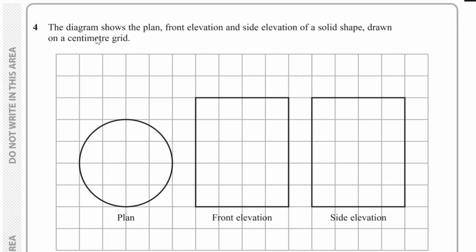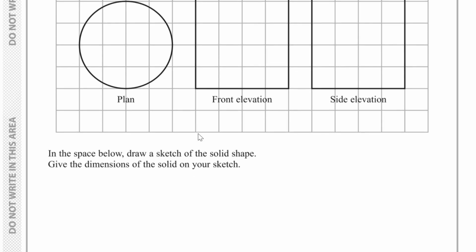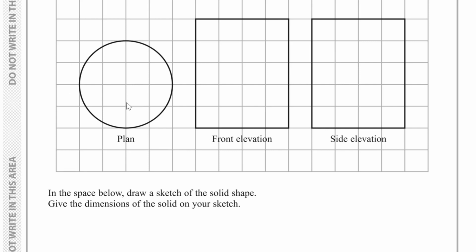For question 4, the diagram shows a plan, the front elevation and the side elevation of a shape drawn in a centimetre grid, and in the space below we have to draw a sketch of the solid shape. Give the dimensions of the solid on your sketch. Well, on the top we've got a circle with diameter of 4 units.